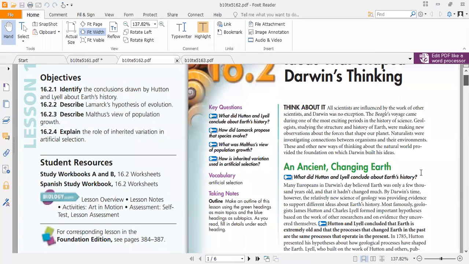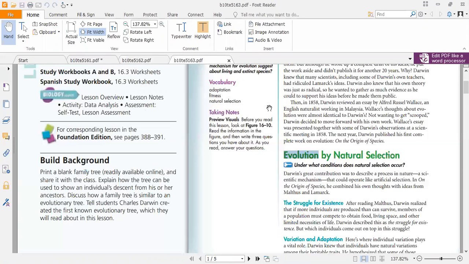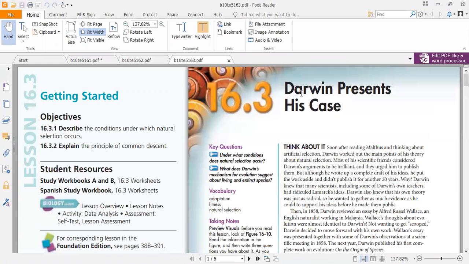Other theories made by scientists proving that Earth changes and population changes and things like this. Those two lessons pushed Darwin to think about evolution and to present his case, speaking about evolution, in lesson 16.3.